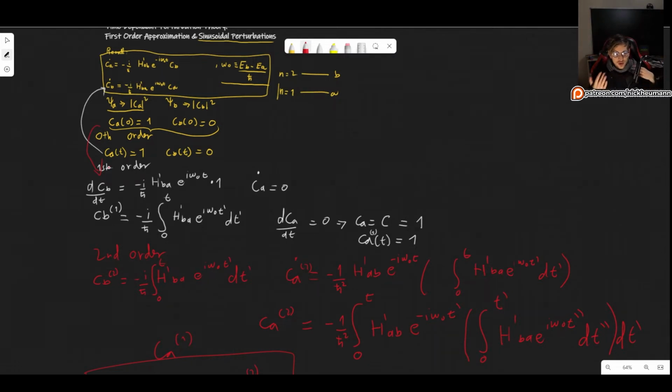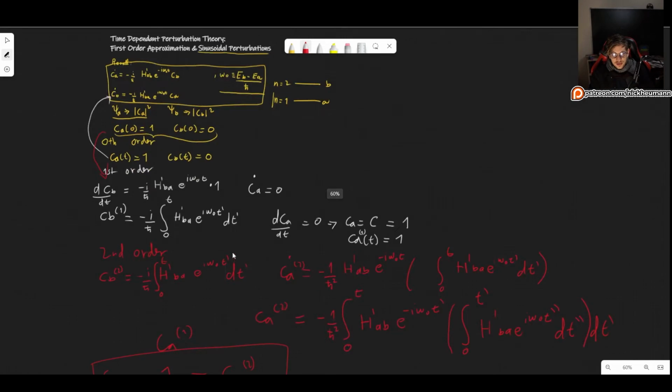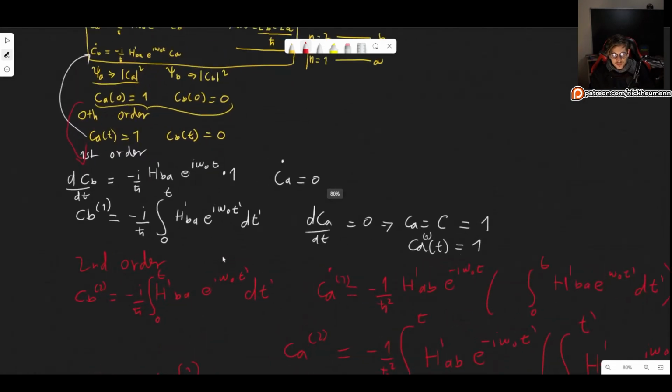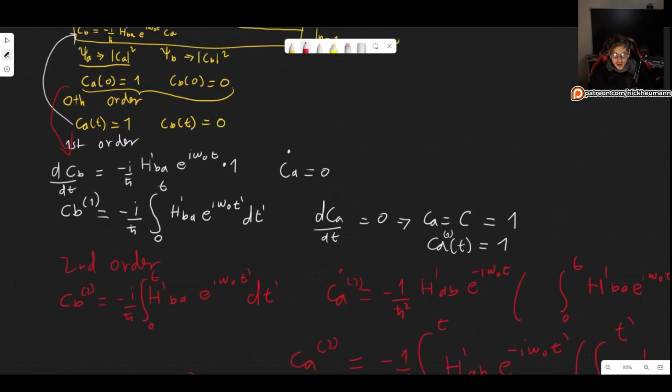They are always alternating. So our main result is what we found for first order, what we have colored right here, especially what we have here for CB and CA.